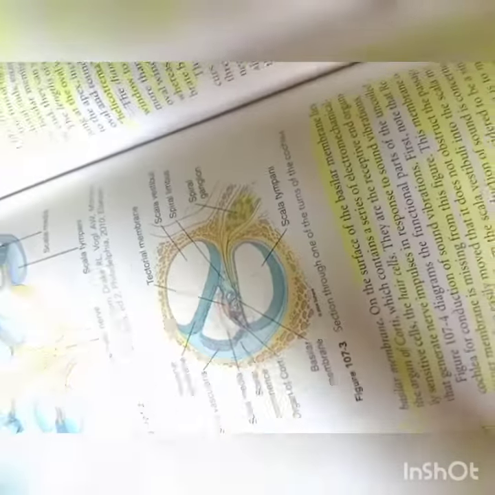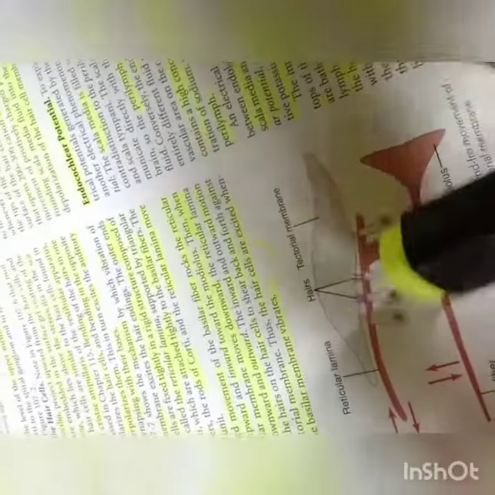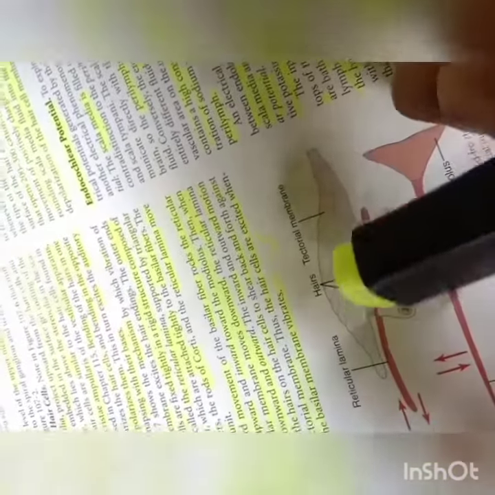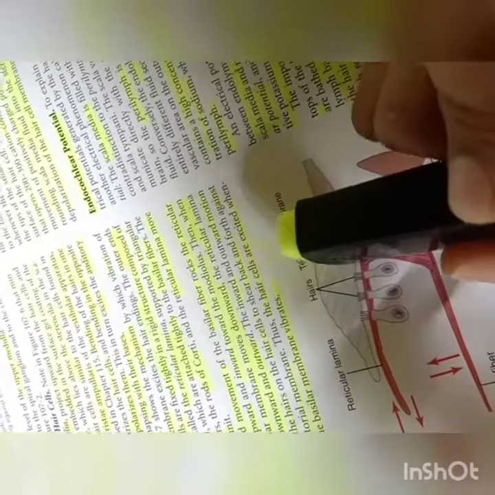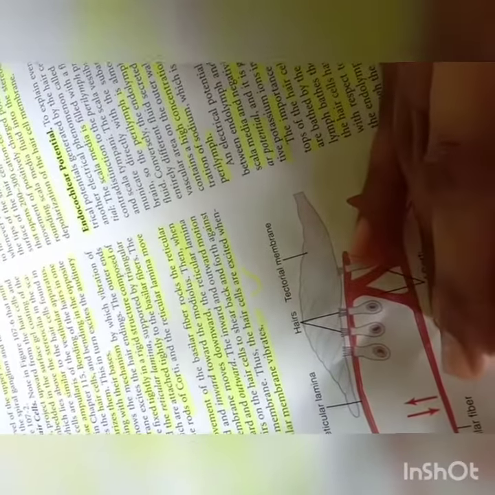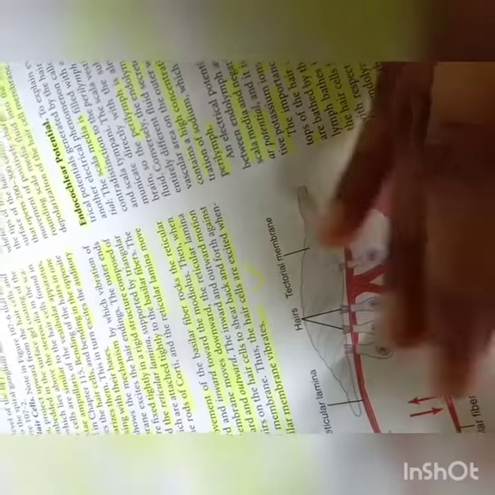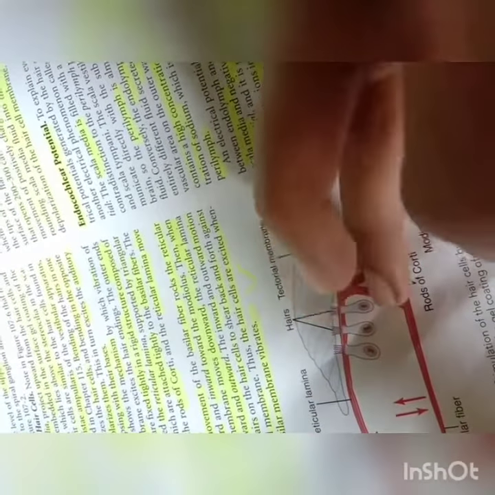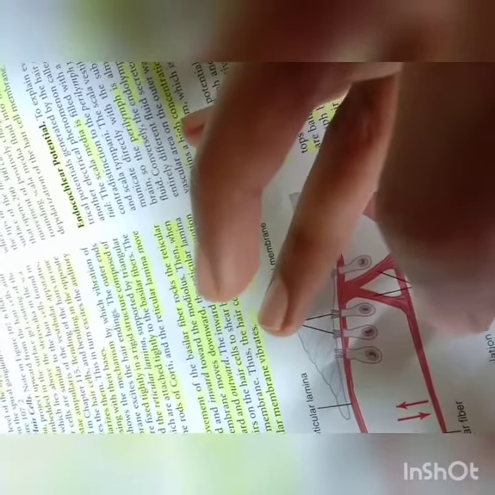But here, as the endolymph is present, you can see there are outer hair cells with the stereocilia. The outer hair cells with the reticular lamina are almost in the perilymph area, with the base nearer to the scala tympani. So their bases are bathed in the perilymph, and their tops are bathed in the endolymph.